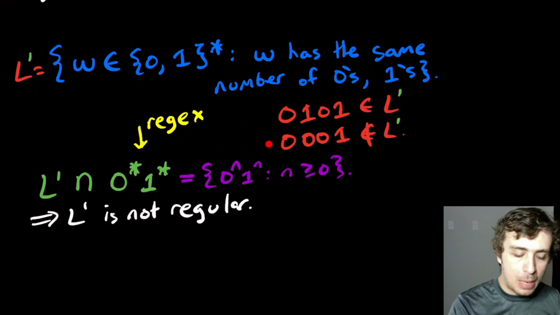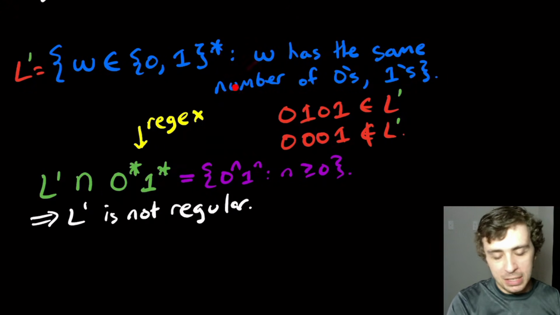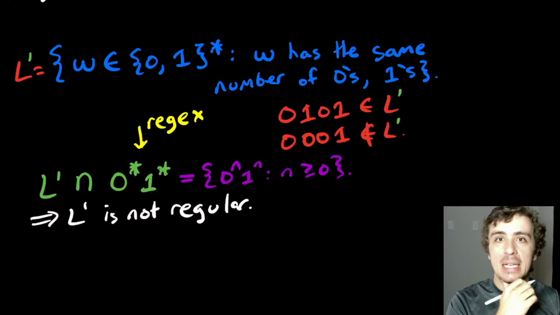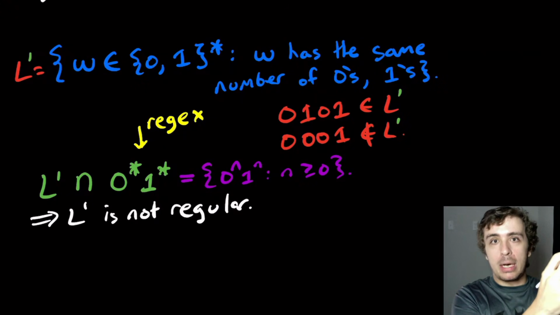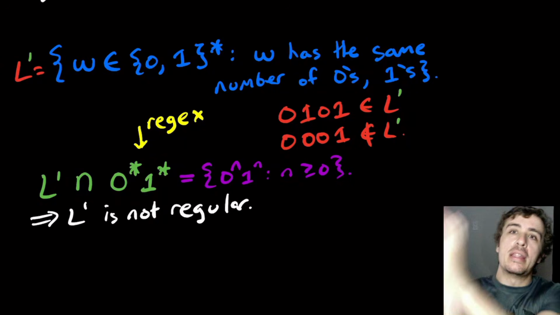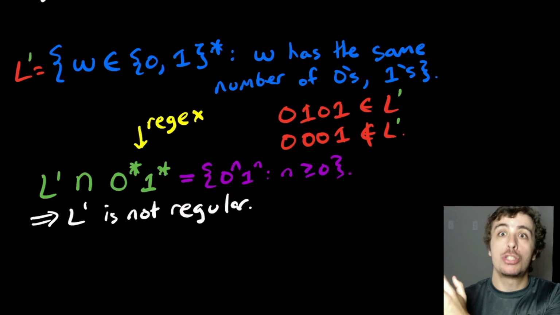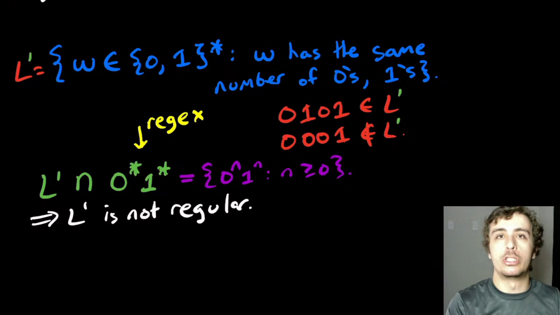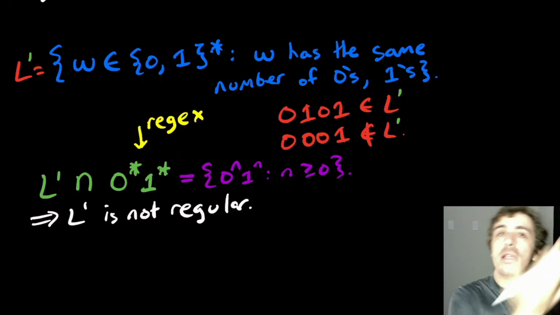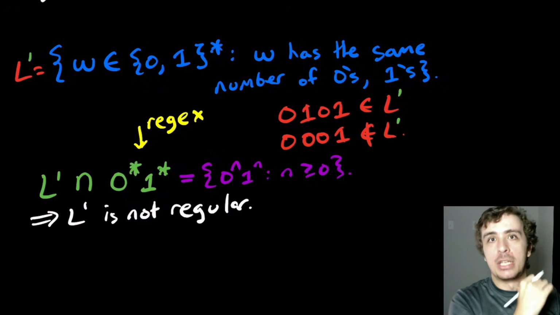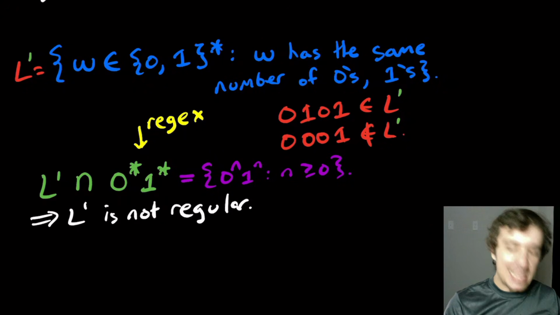Another closure property technique, which isn't very effective here, but we may see it later, is to use, say, complement. If the language that we started out with is regular, then the complement language is also regular because regular languages are closed under complement. So if we can show that the complement is not regular, then that shows that the original thing is not regular. And sometimes that's a lot easier.